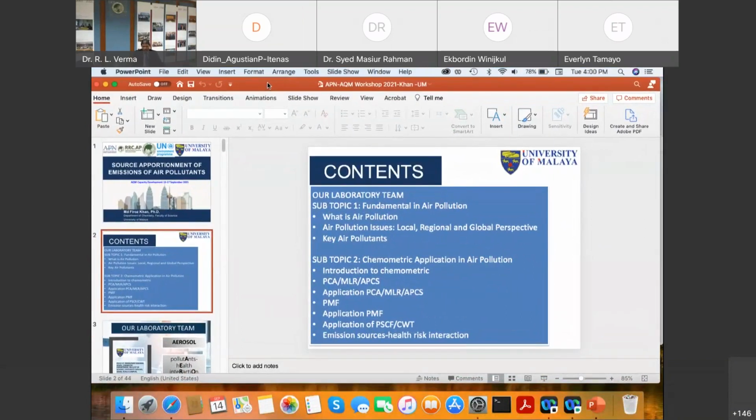Dr. Khan is a senior lecturer at the Faculty of Science, University of Malaya. He is also a visiting professor at the China University of Mining and Technology from 2019 to 2022.